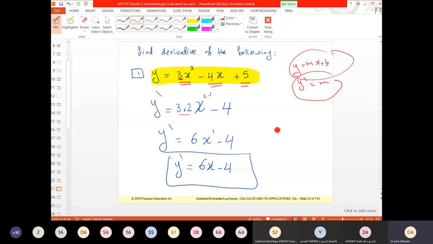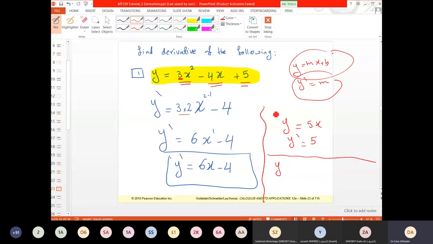Okay, let me see. If y is equal to 5x, what's y dash in this case? It's 5. Okay, this is example 2. Example 3: if y equals, let me change the number, 2x squared plus 7x.